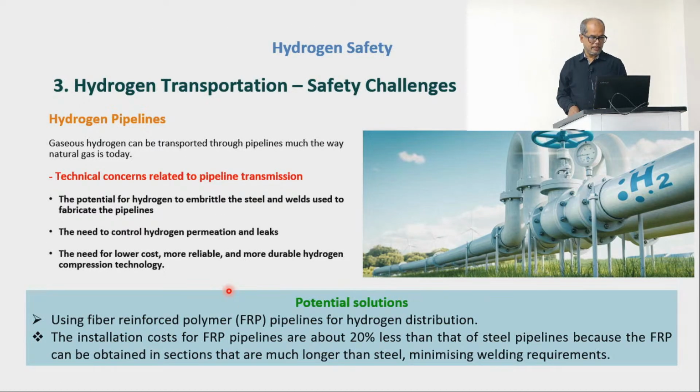If you have pipelines, there might also be technical concerns related to pipeline transmission. Whatever material we use, if there is a leak, it could be dangerous for whoever lives close to that particular area.